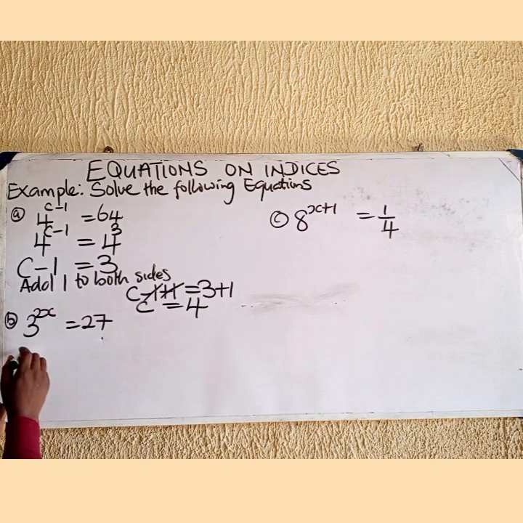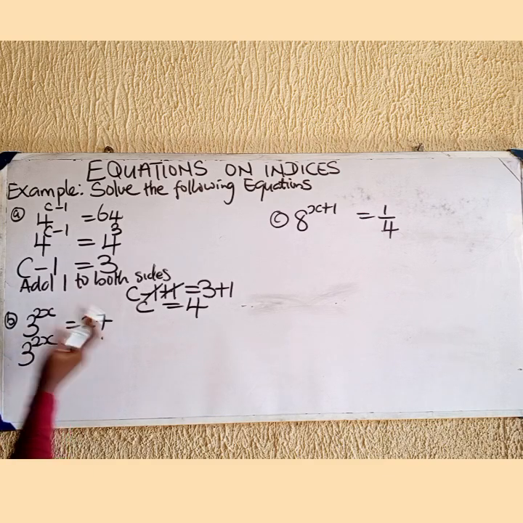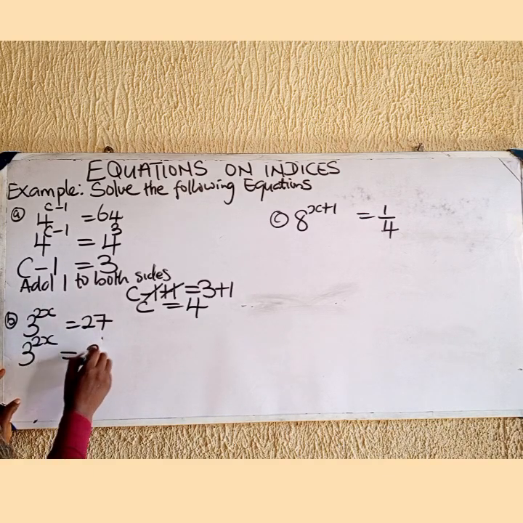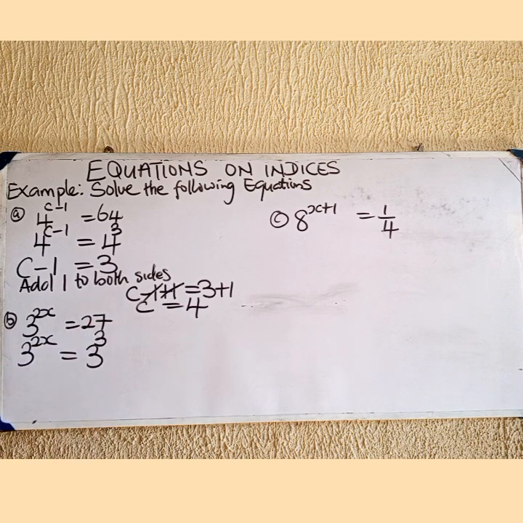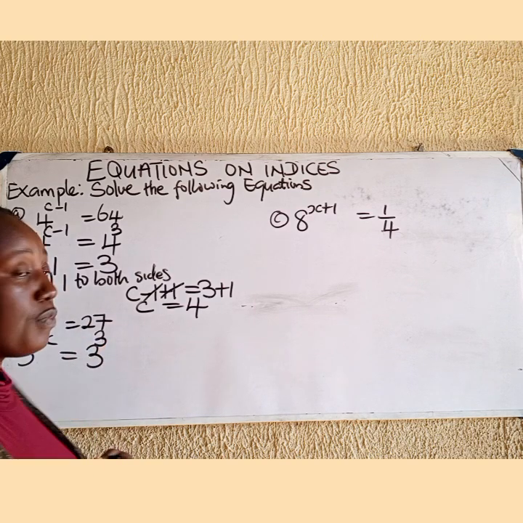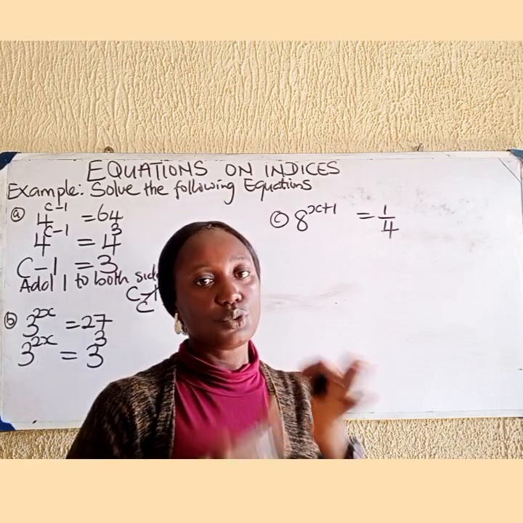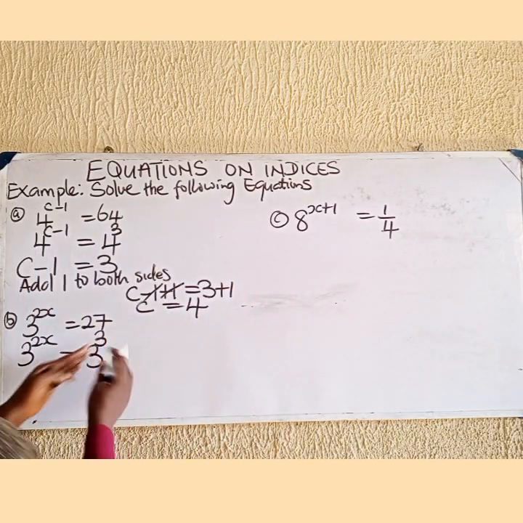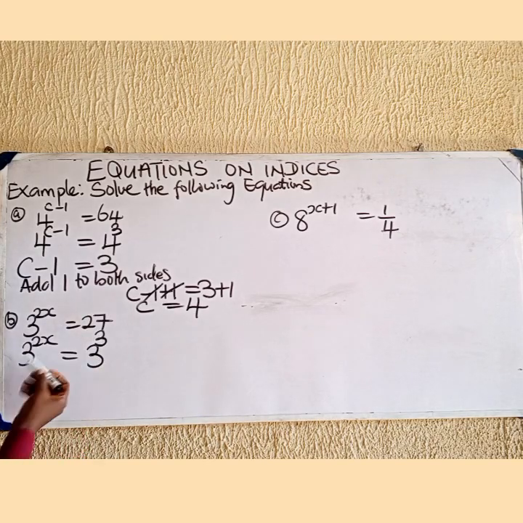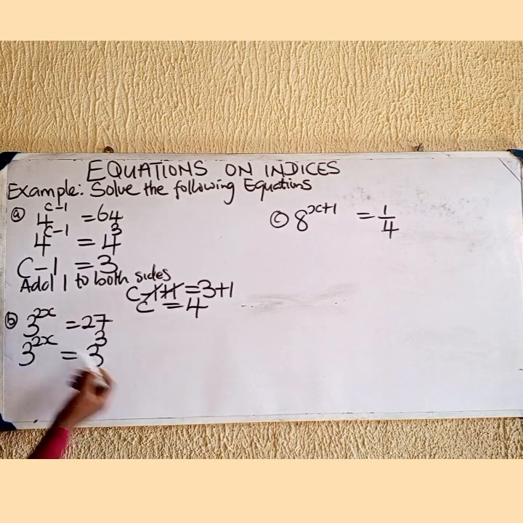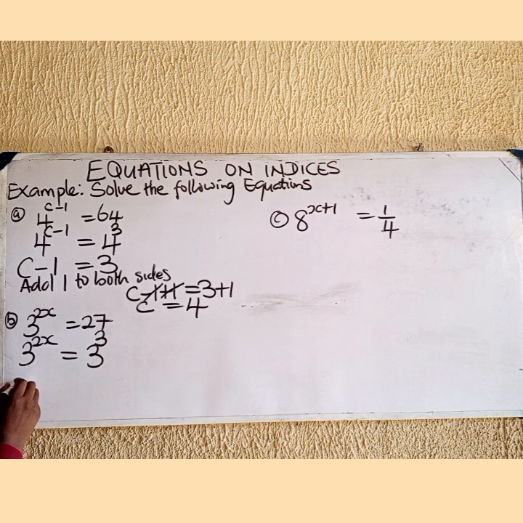Now, the second one, I have 3 raised to power 2x equal to 27. I can equally change 27 as 3 raised to power 3. 3 raised to power 3 will give me 27, because 3 times 3 is 9, times 3 is 27. So this is correct. Now, since they have the same base again, I can equate their powers. So I will say 2x equal to 3.